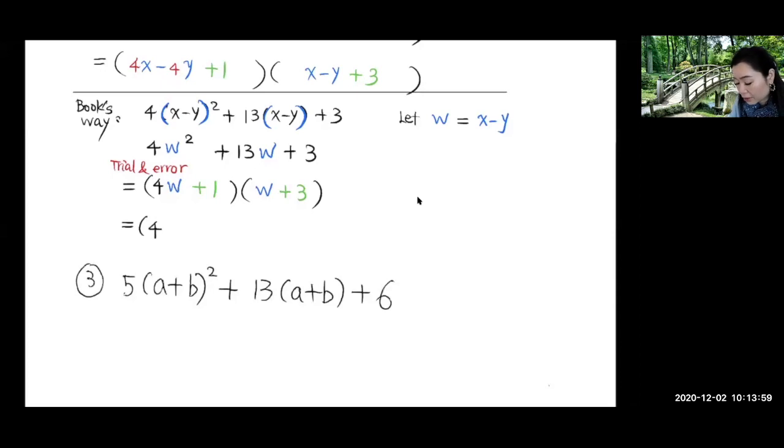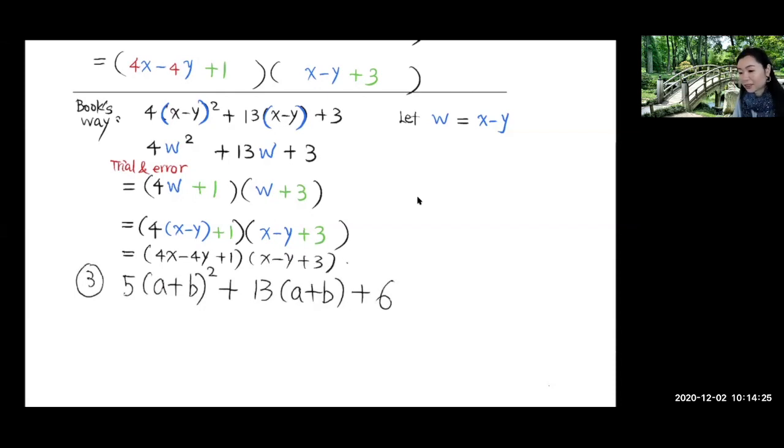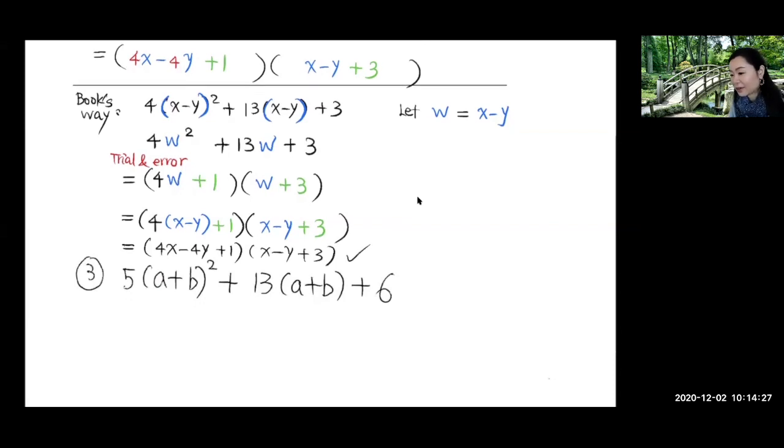The W here is x minus y, so you put back x minus y plus 1, and then x minus y plus 3. And then later on you distribute. So you have 4x minus 4y plus 1, x minus y plus 3, which is the same answer that we got.